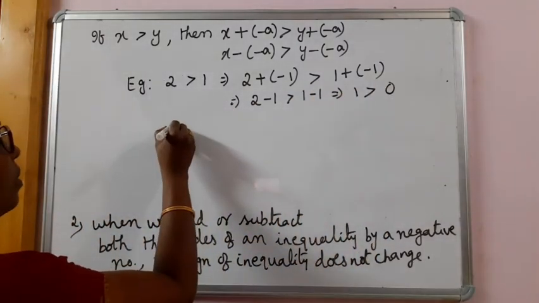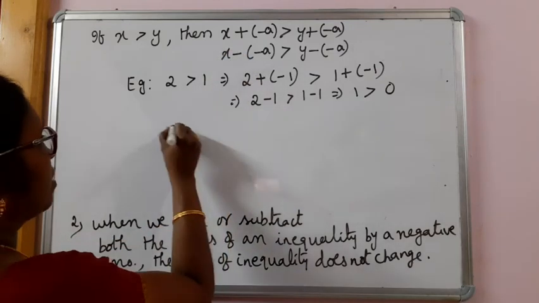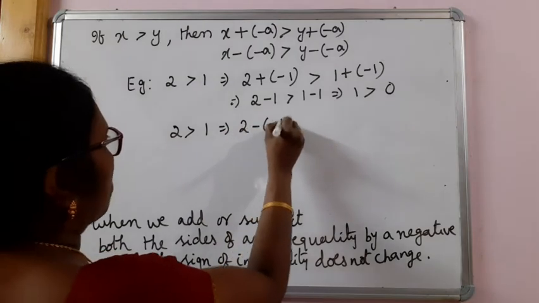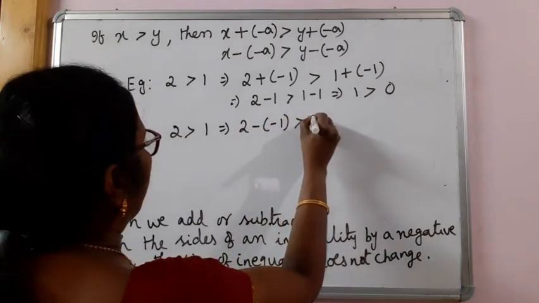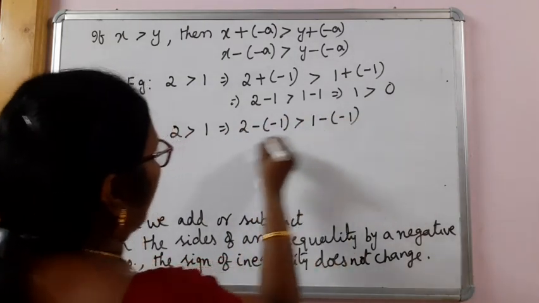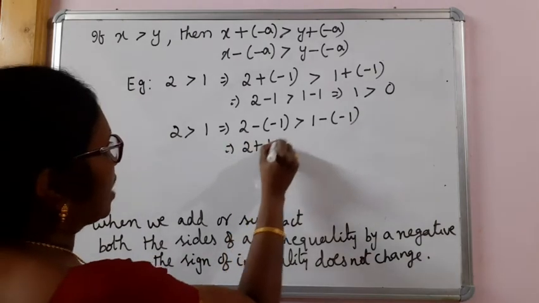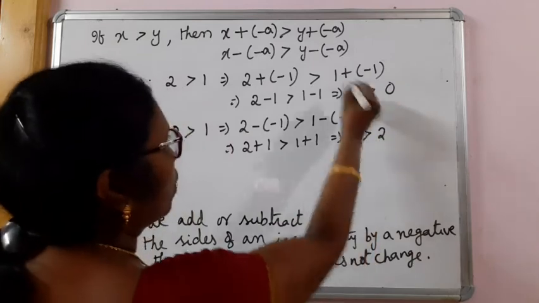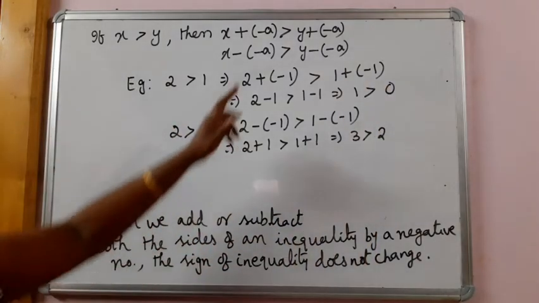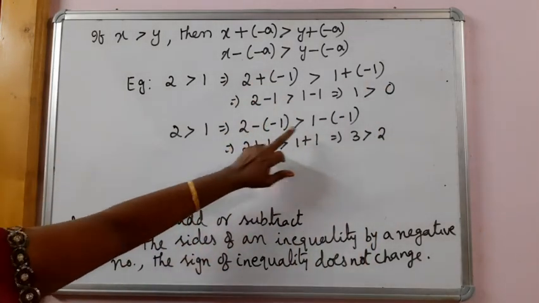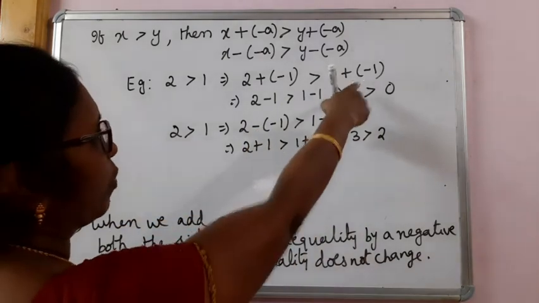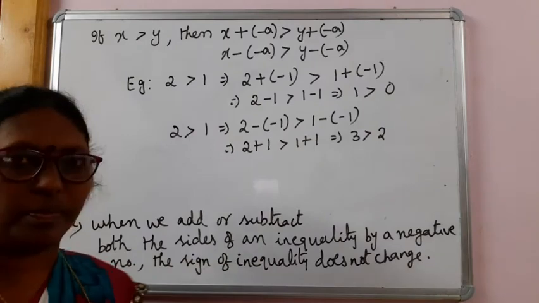And one more. 2 is greater than 1, that implies 2 minus of minus 1 is also greater than 1 minus of minus 1. So 2 plus 1 is greater than 1 plus 1, that is 3 greater than 2. Yes, so when we add a negative integer or when we subtract the negative integer, both the sides also, the sign of inequality remains the same.